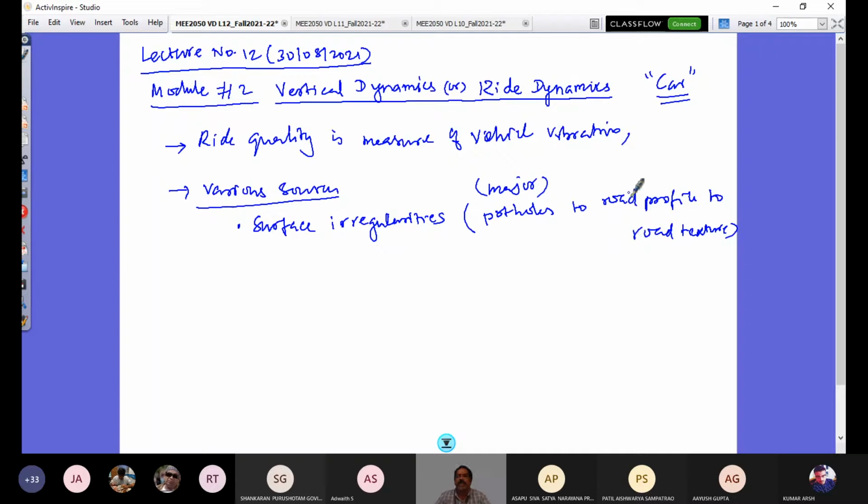In the very first lecture, I was talking about these road irregularities, if you visit back. Other sources act on the vehicle directly, like aerodynamic forces.